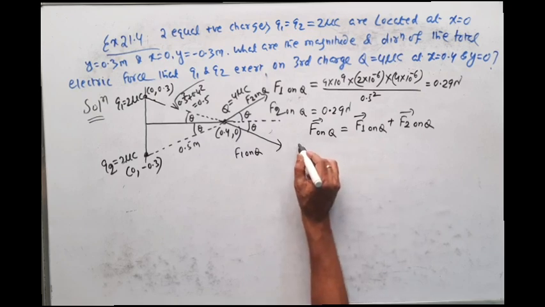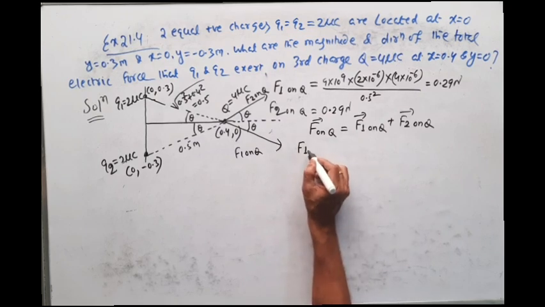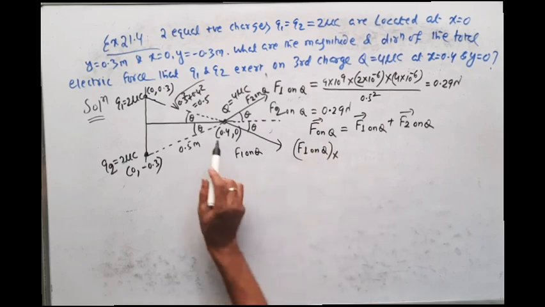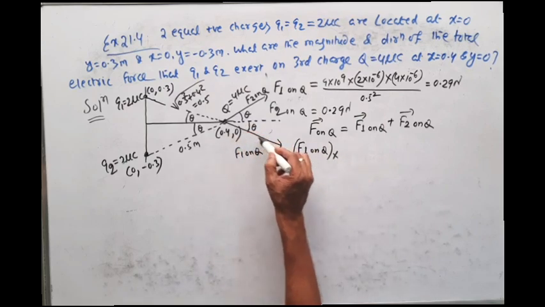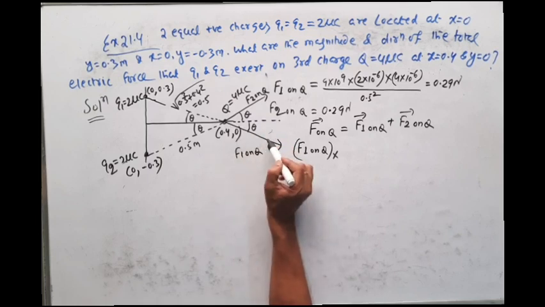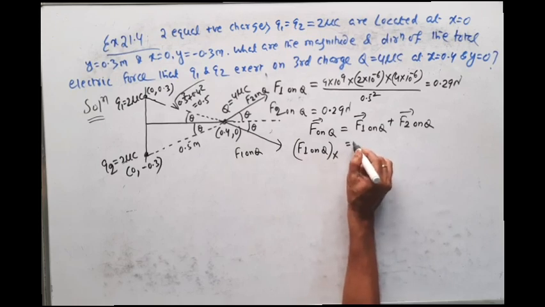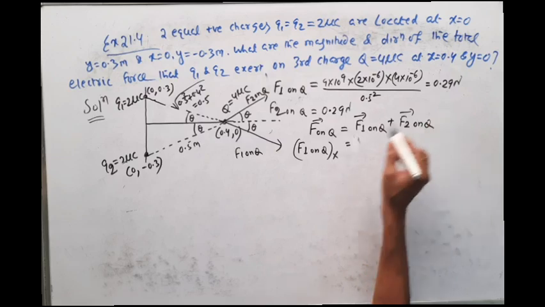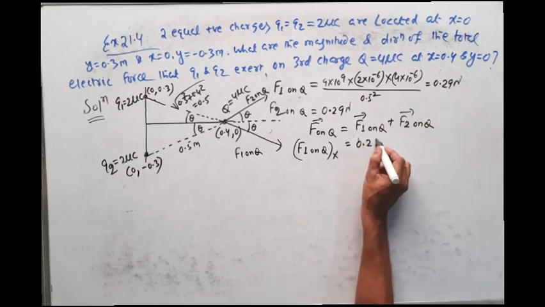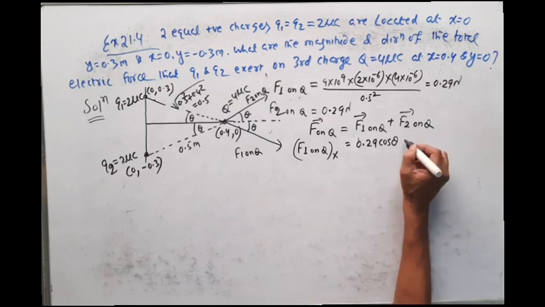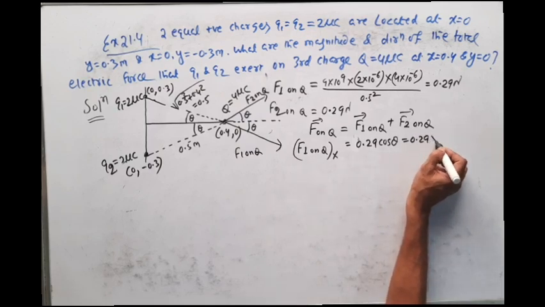First you calculate what is the x component of this force. So this is your F1. This is theta. So what is the x component of this force? It is F1 cos theta. What is the value of F1 on Q? This is 0.29. So that is equal to 0.29 cos theta.